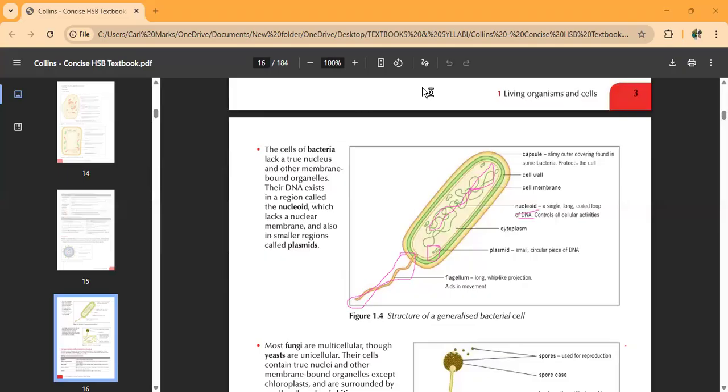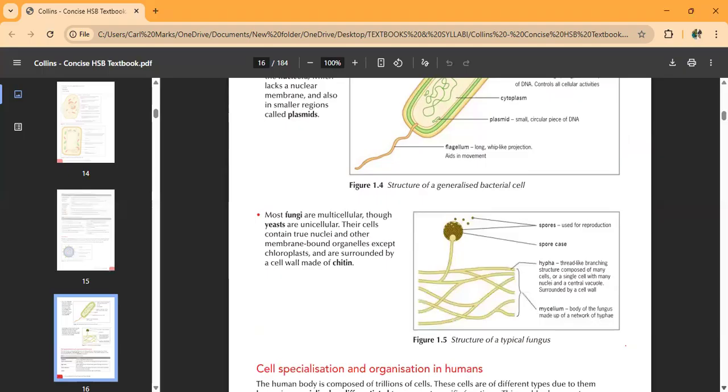All right. So we're going to move to fungi now. Now, a common fungus that we know is bread mold. Have you ever looked at bread mold on your bread?